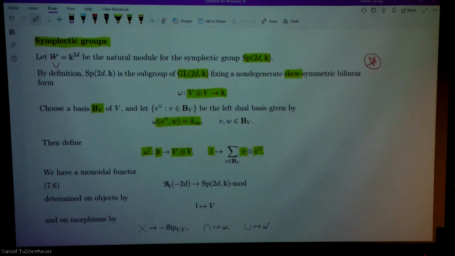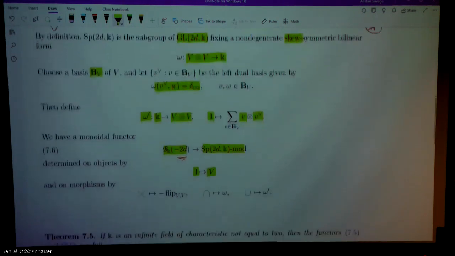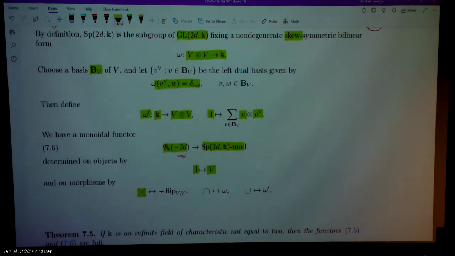So then we have a functor from this Brauer category to finite dimensional modules over the symplectic group. But notice our parameter is negative, and I'll explain why that is in just one second. It sends our generating object again to this natural module. On morphisms, now it sends the crossing to minus the flip.